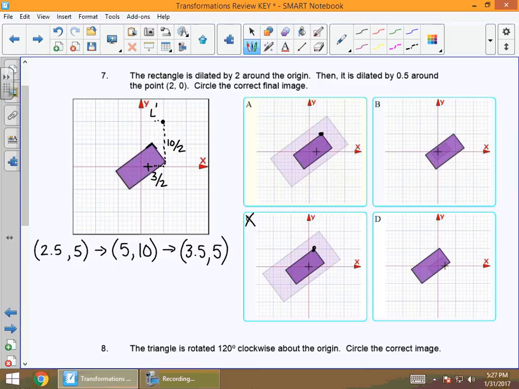I know it's not C. B, it's at 4, 5. That's not in the right place. And D, it looks like it's at a half, 5, which is not in the right place. So the only one that is in the right place is answer choice A. It's answer choice A.